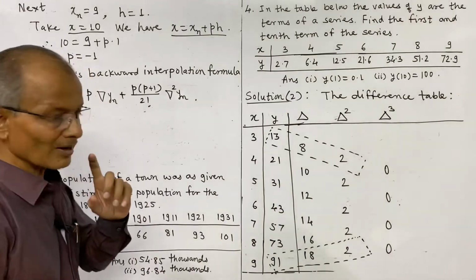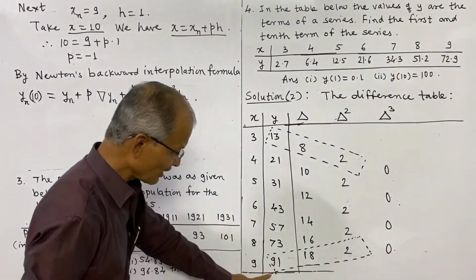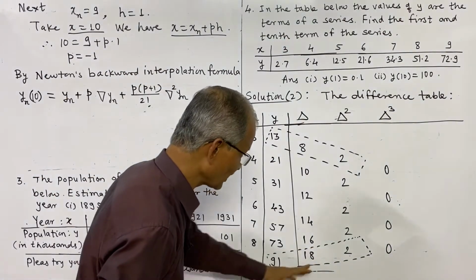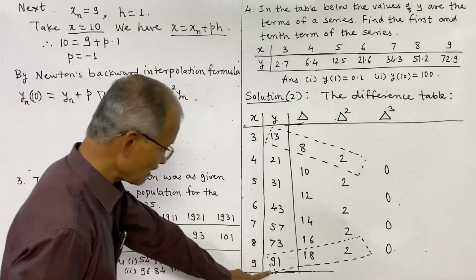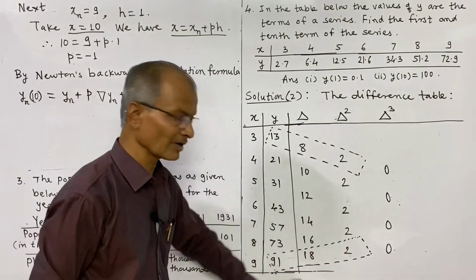So for the forward difference we use these diagonal values, and for the backward difference formula we use these values at the end of the table. Again these are also diagonal. So this is yn, this is del yn, this is del square yn.